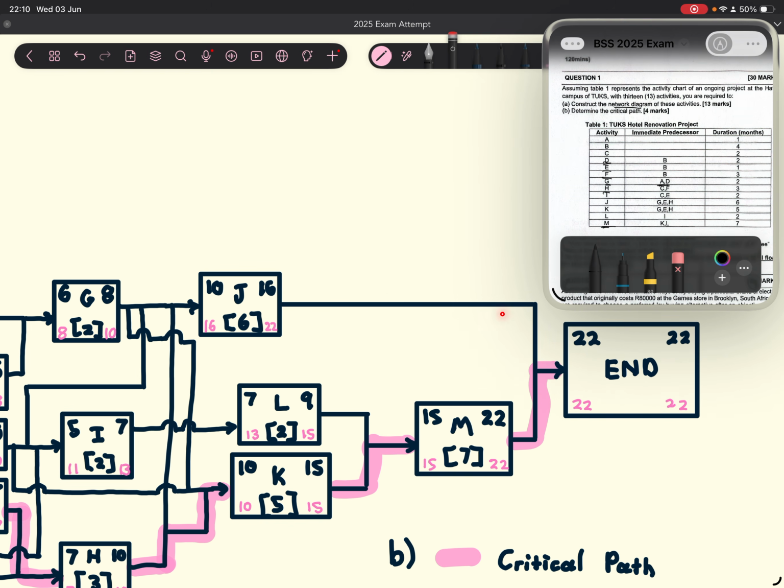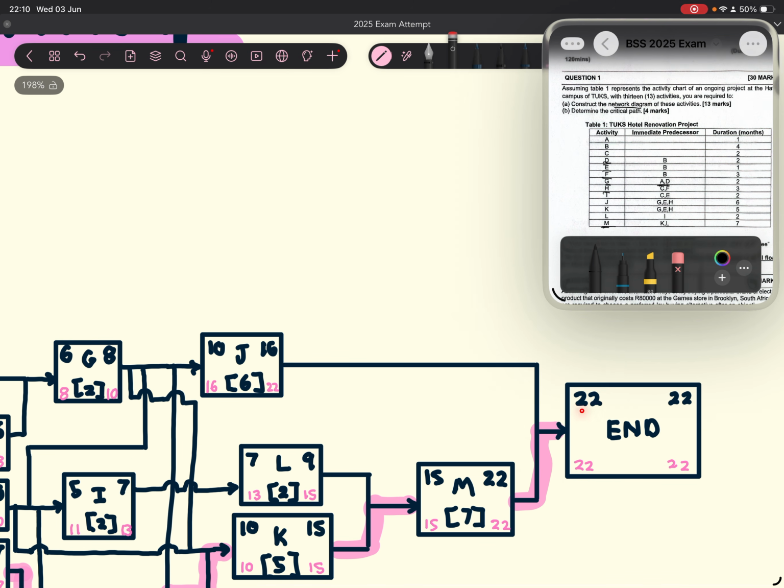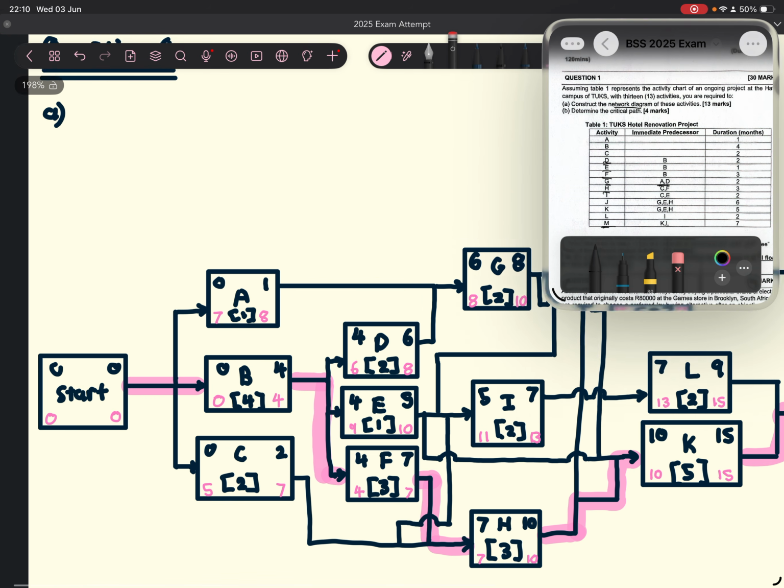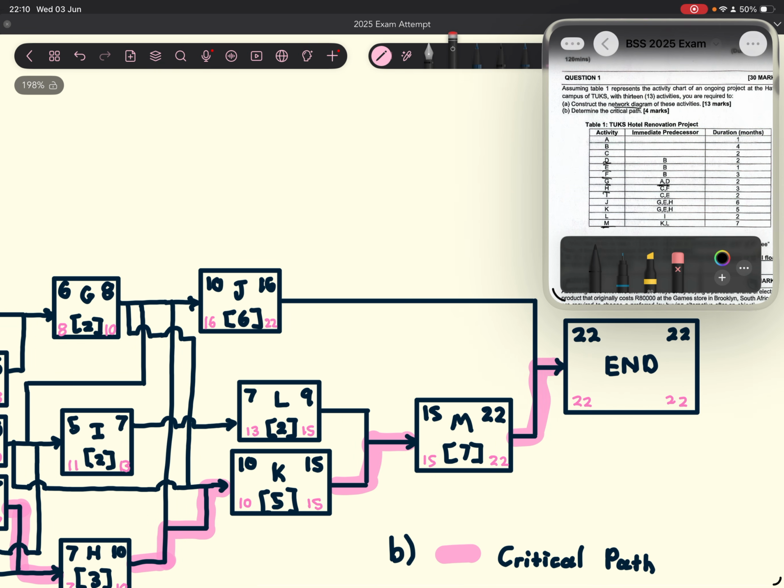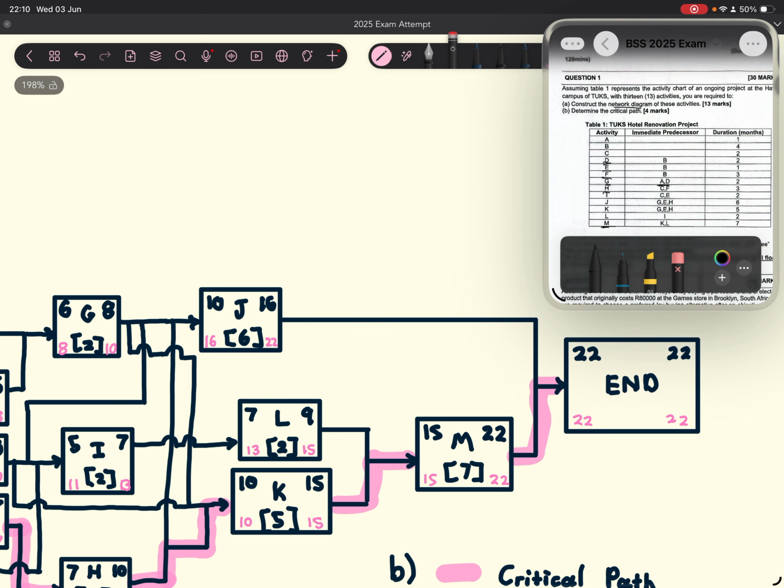So connect activity J to the end block, activity M to the end block, and then again we choose the highest number between the two to signal the start of the end. So both the start and the end blocks have a duration of 0, so the early start, early finish are going to be the same.